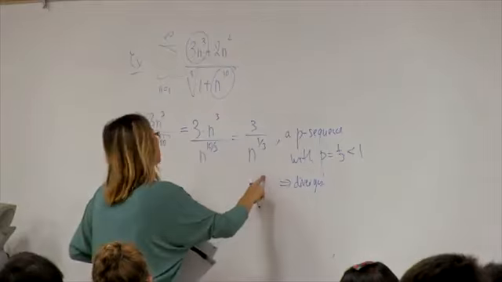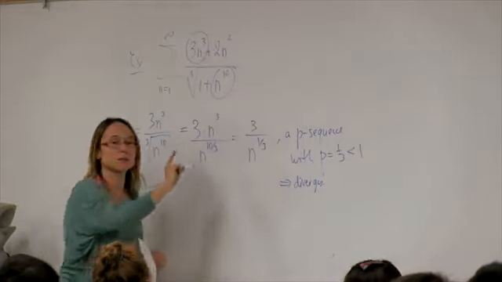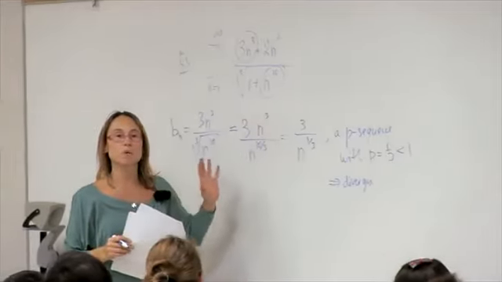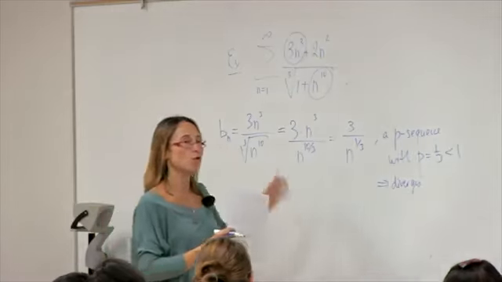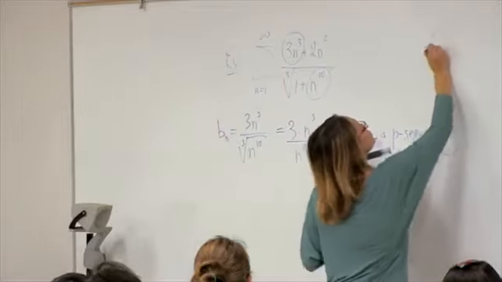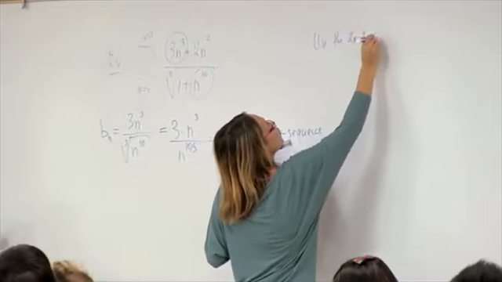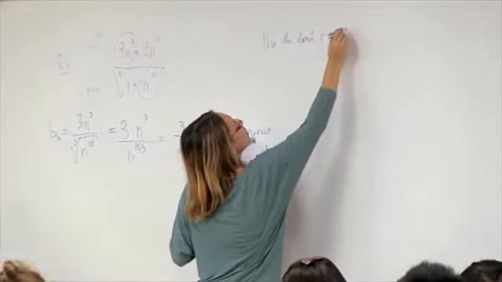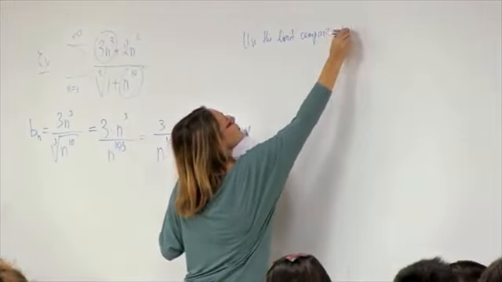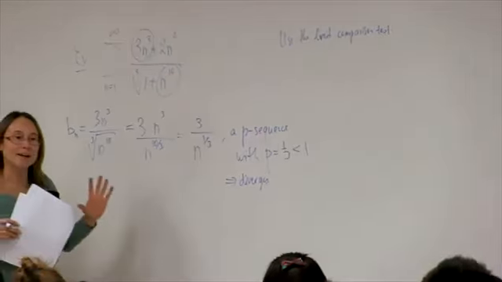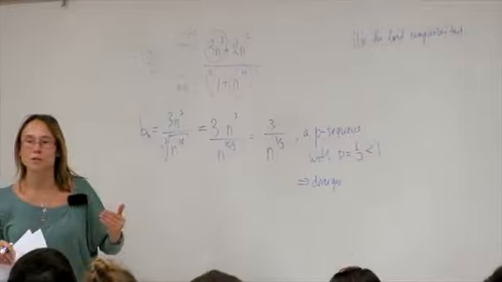So if this one diverges, then perhaps the given one also diverges. But what we have to show is the limit comparison test. We have to look at the limit of the ratio of the terms. So use the limit comparison test. Here you can see why I don't use the straightforward comparison test.